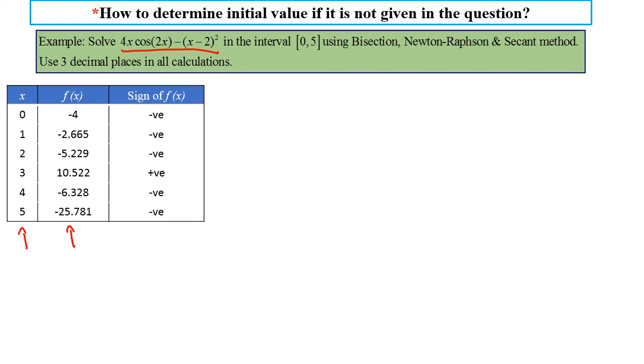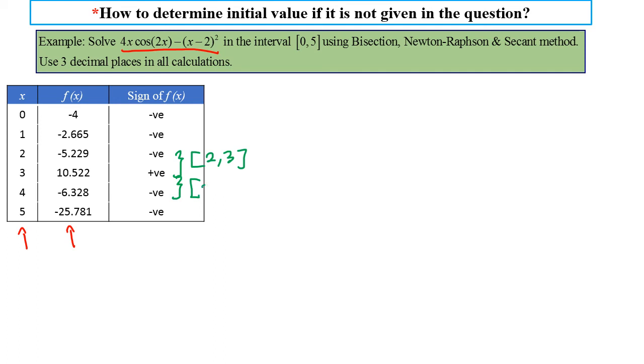Then you determine the sign of f(x). This is negative, negative, negative. This is so easy. Based on the intermediate value theorem, we look for different signs. Where is the different sign? You have one here and also here.